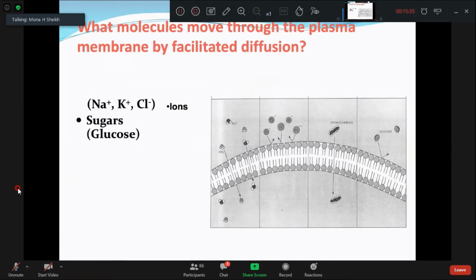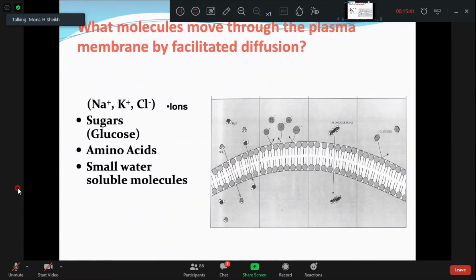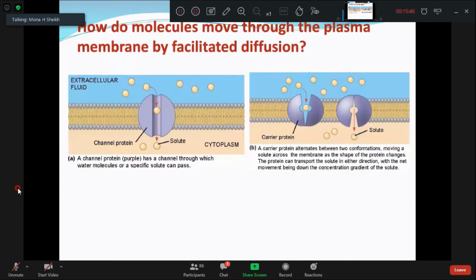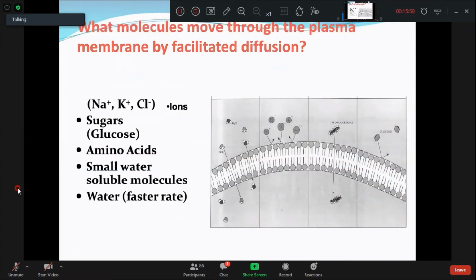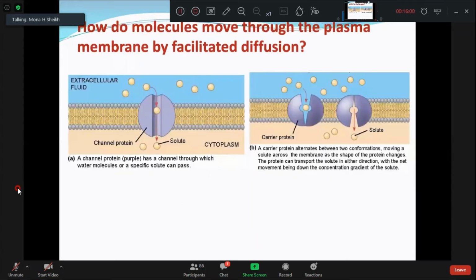Sodium, potassium, chloride ions, sugar, amino acids, water. Water can go by both diffusion and facilitated diffusion. Okay, so all of these ions are actually moving through the membrane by facilitated diffusion, and it includes channels and all kinds of carrier proteins.